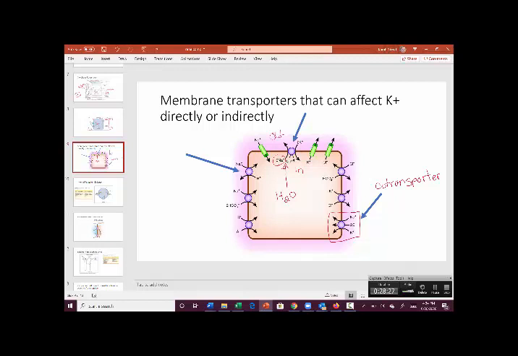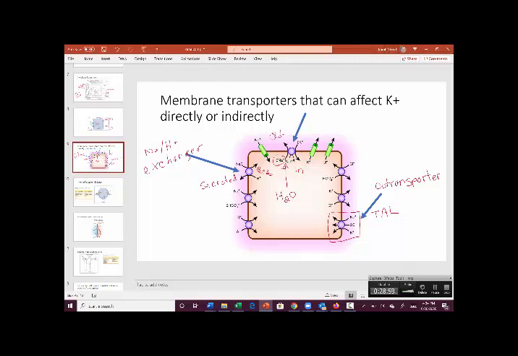This, of course, we saw on the thick ascending limb of the nephron. And here is another familiar friend. This is our sodium hydrogen exchanger. We saw that, for example, on the proximal convoluted tubule. When hydrogen was secreted, it moved out, and sodium was reabsorbed in the kidney.